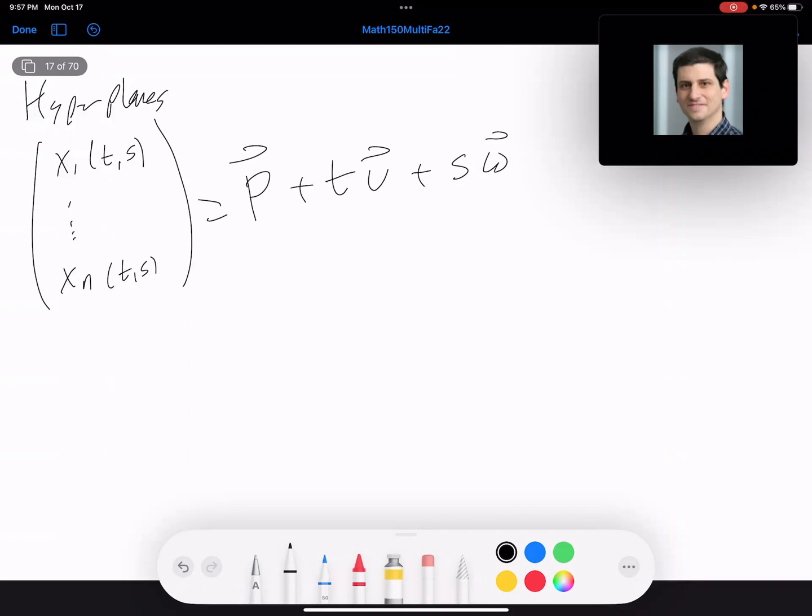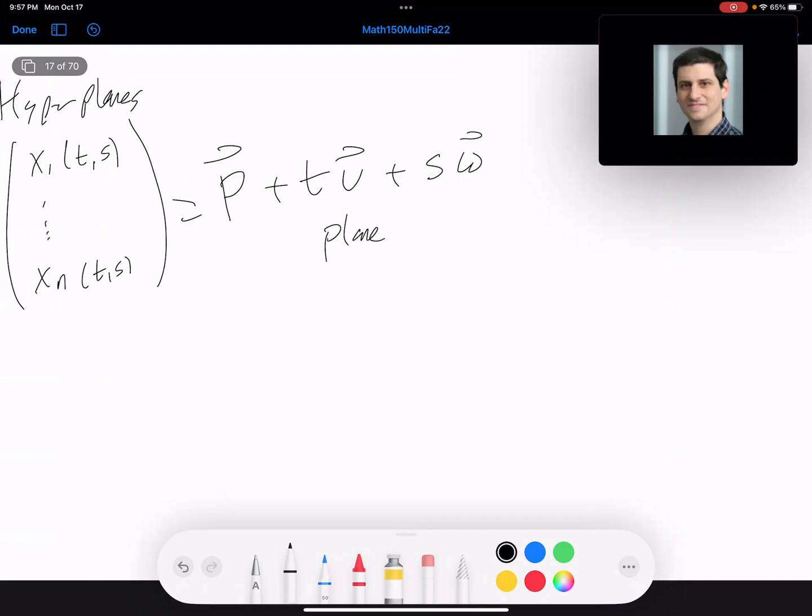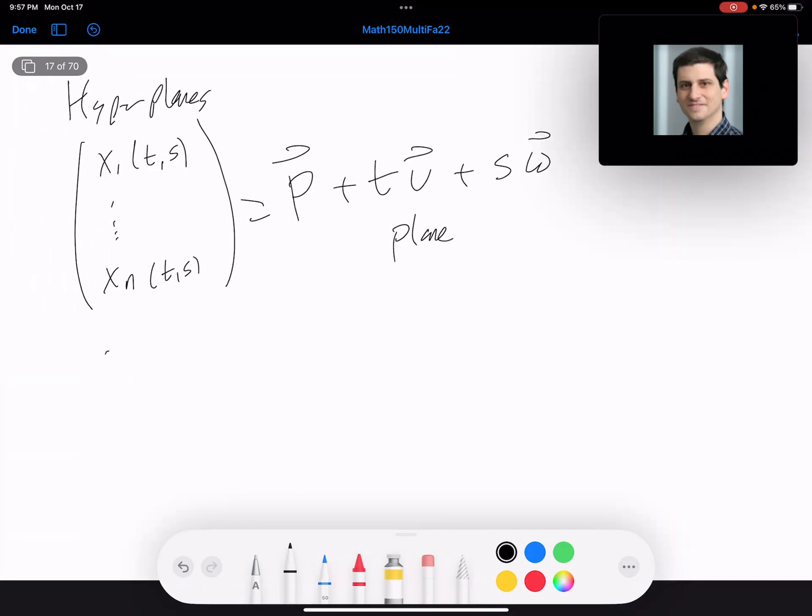But we could also have a hyperplane. So this is a plane, but I could also have something like a cube, with parameters t1 through t(n-1), one dimension less.